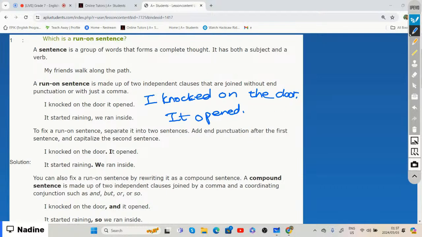We write our second sentence, because either way, it opened is on its own, right? So what we did was add our full stop over here and it became a capital letter. So now it is two sentences.